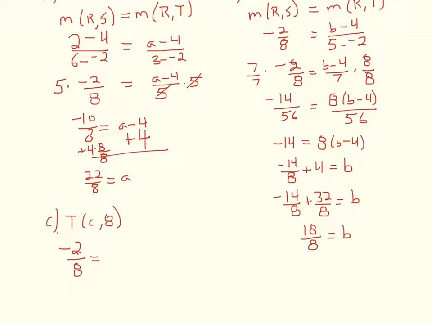So this is going to be 8 minus 4 over c minus negative 2.